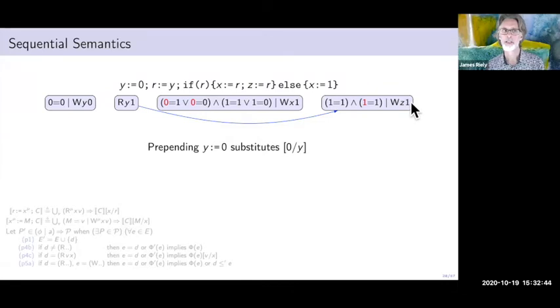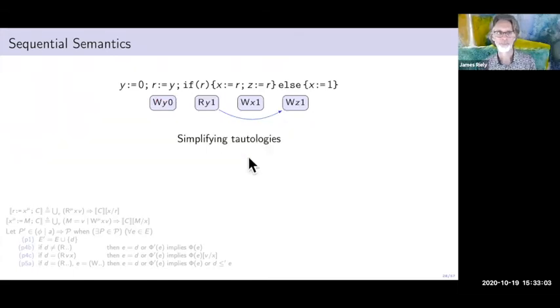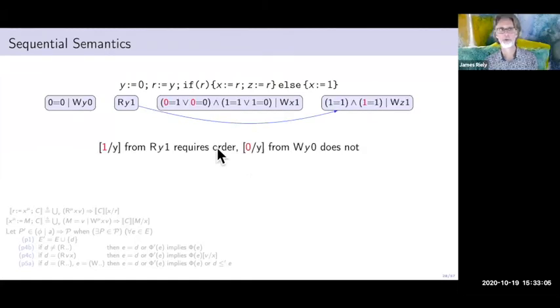They're actually fulfilled from different places. So the precondition of write x1 is satisfied by the write of y, and the precondition of z is satisfied by the read of y. Note that the reads impose order, whereas the local writes do not.